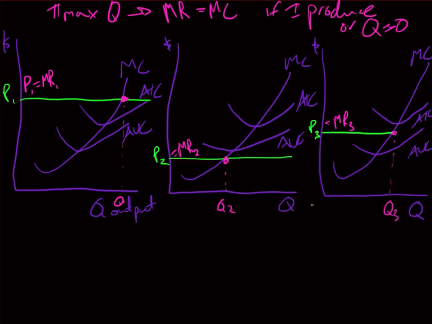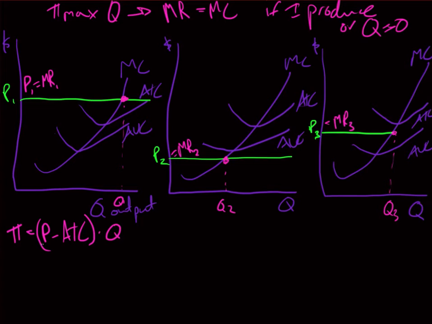Then afterwards, I want to see, am I making profits or losses, and how is that set up? Well, we saw in the profit maximization slideshow and video that profit could be represented by price minus average total cost times quantity.